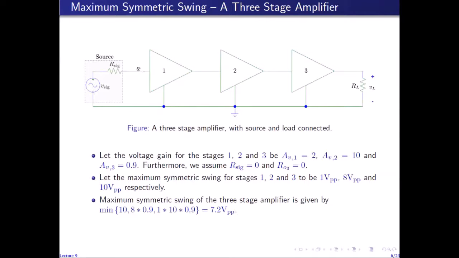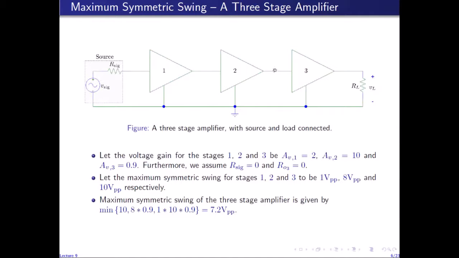So as soon as the voltage at the input of the stage 1 exceeds 0.5 volts peak to peak, output will exceed 1 volt peak to peak, and since the maximum swing allowed here is 1 volt peak to peak, the output will be clipped off at this node. And since the voltage at the output of stage 1 is clipped off, voltage at the output of stage 2 and stage 3 will also be clipped off.